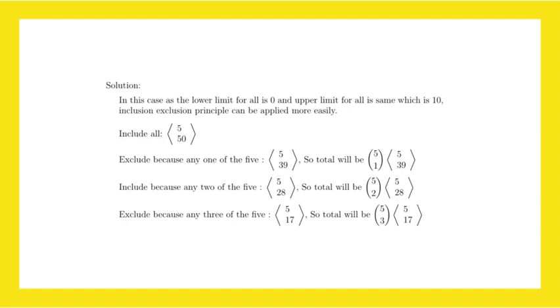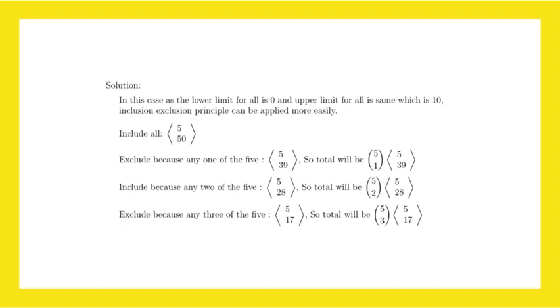Then after excluding these cases, we have to include, because any 2 of them can be greater than 10 and remaining can be less. So in pair we have to include them. So if we consider, say for example x1 and x2 are greater than 10, then we will have to subtract 11 into 2, 22 from 50, and that can be done 2 at a time greater than the required ones.